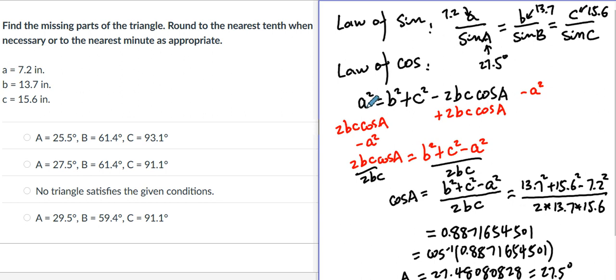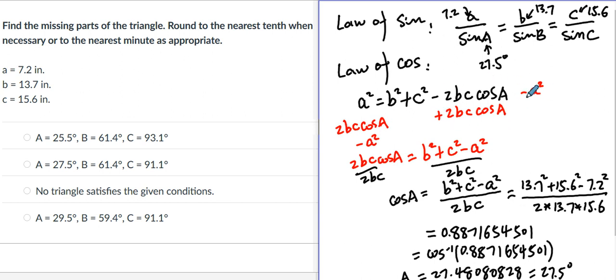Now, we need to find angle A because we know the three sides A, B, C. Solve for cosine A first. We add 2bc cosine A to both sides because here it is negative, and these two will be cancelled.